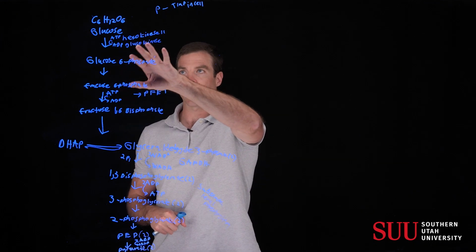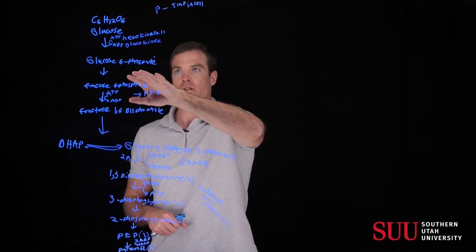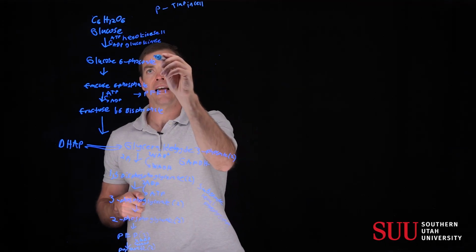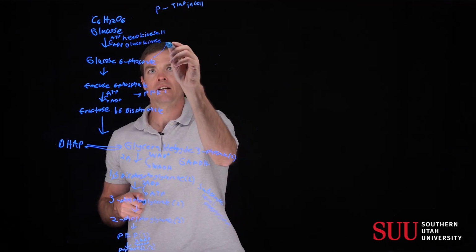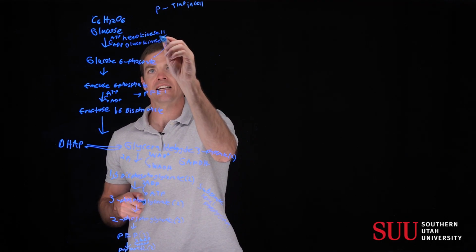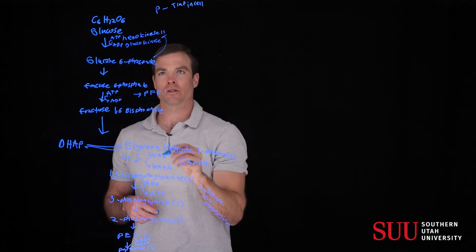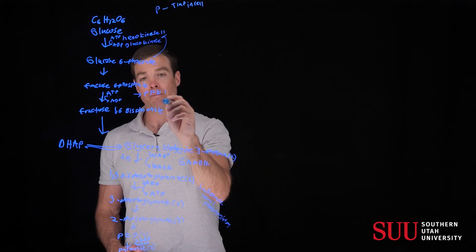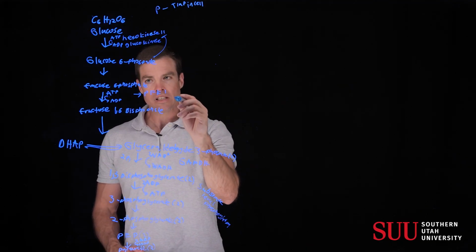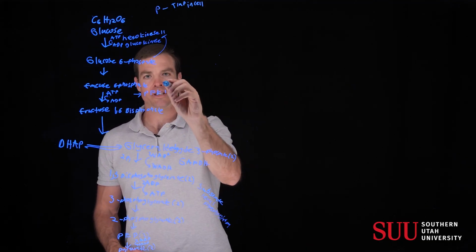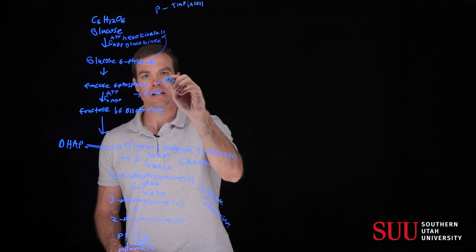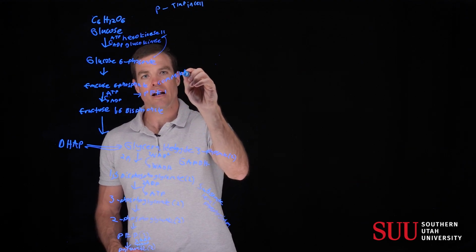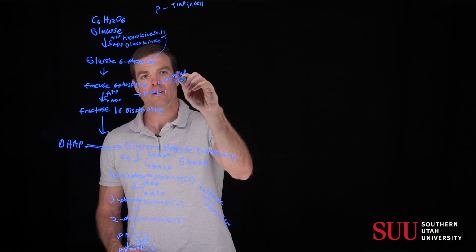First, we talked about hexokinase, and of course, glucose 6-phosphate. This one can feed back and inhibit this enzyme, the hexokinase. The PFK1 is the committed regulatory step.